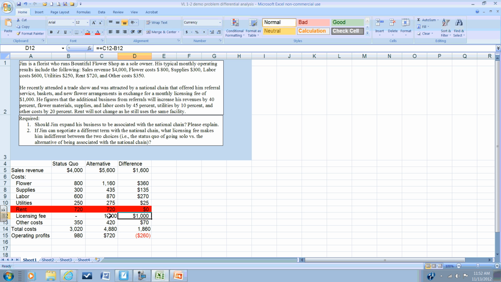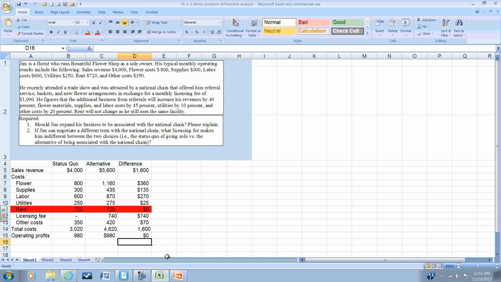So let's go back and do this. Let's say we take the original terms, subtract out the reduced profit. If they agree to an amount of $740 or less, then this offer will be beneficial to the business.